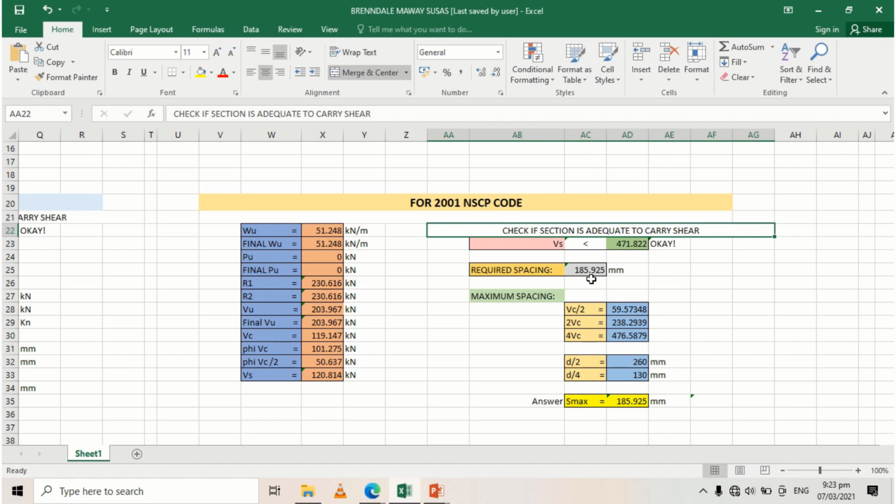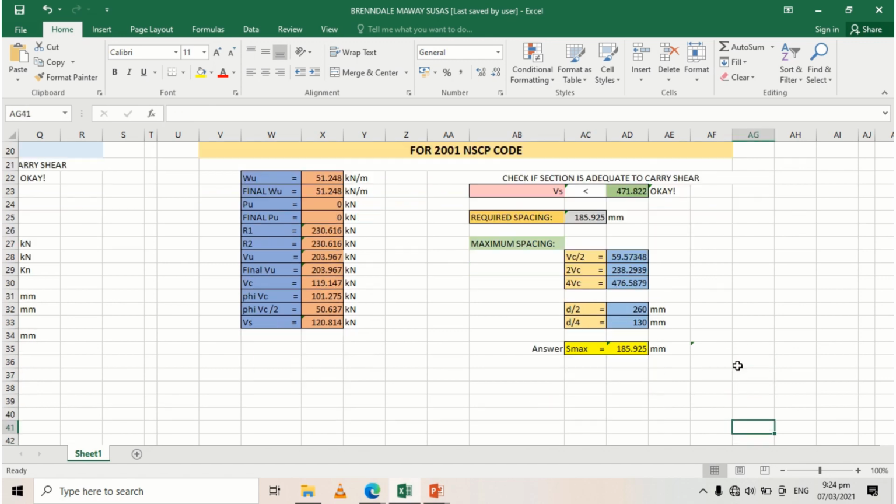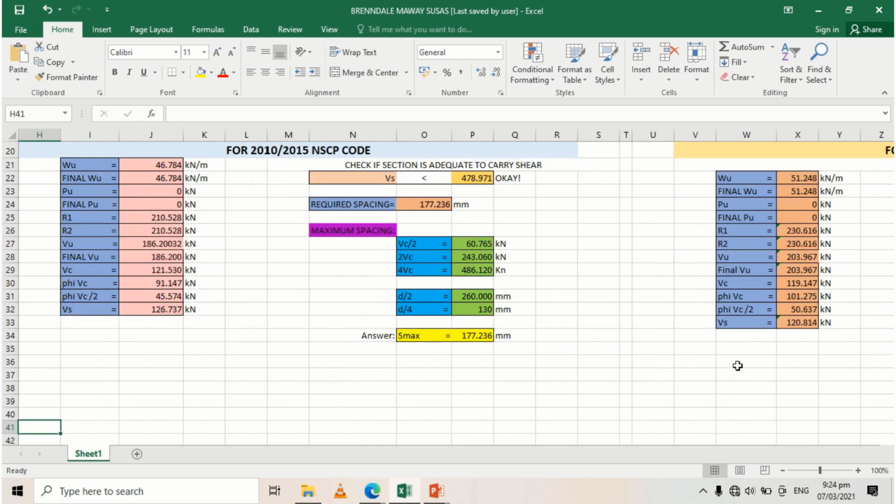Max required spacing is 185.925. Check natin yung interval ng VS. VS is greater than VC over 2 but less than 238.294. That means yung S-max natin is least nung required spacing, D over 2 at 600. So, that would be 185.925. I hope that is clear.